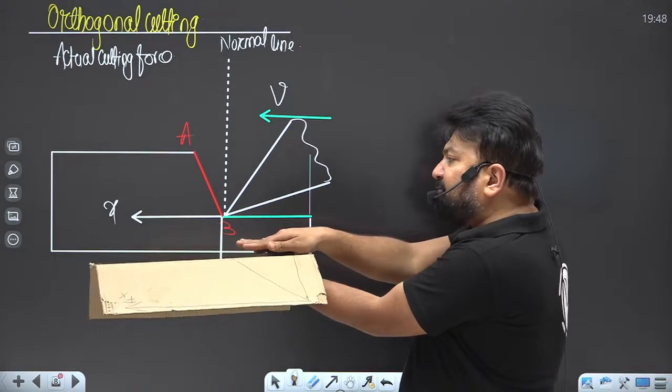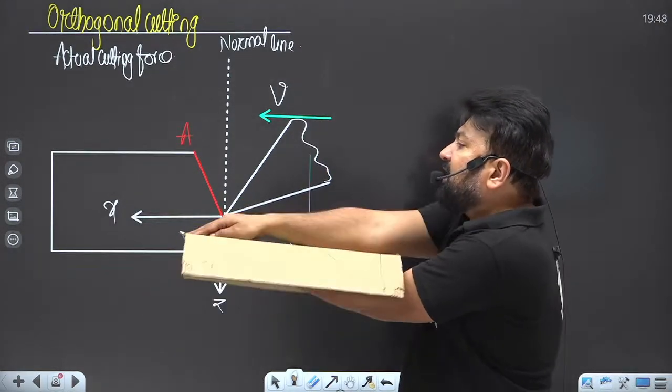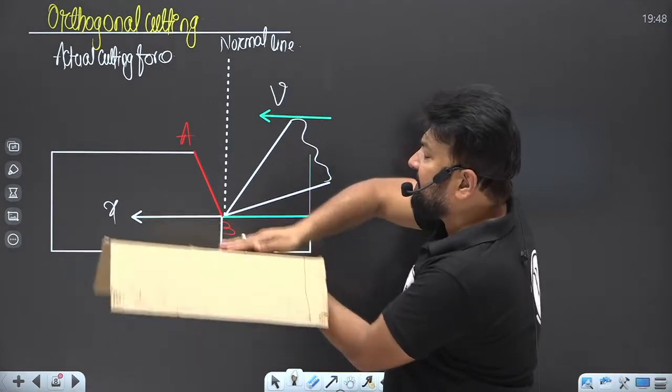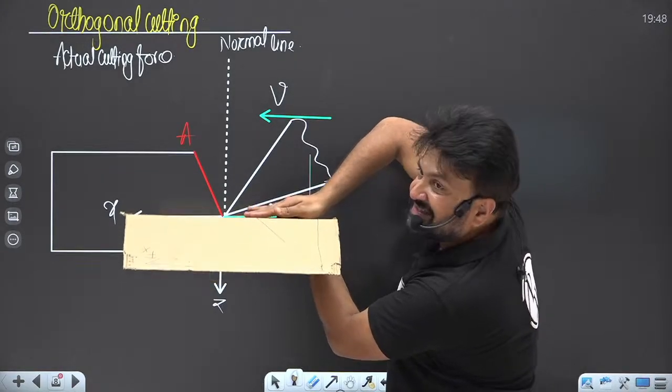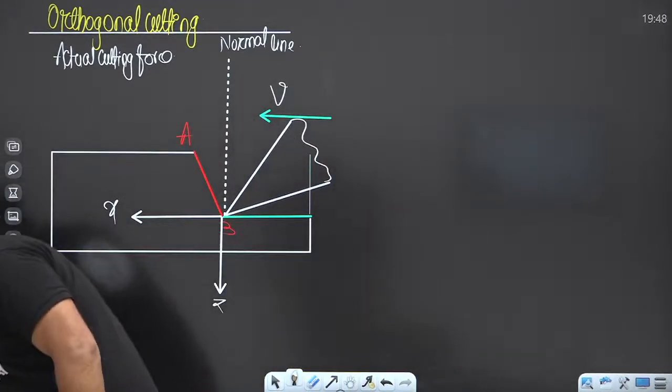If you apply the force in the X direction, cutting will not happen. If you apply the force in the Z direction, cutting will not happen. Basically, you have to apply the cutting force in the XZ plane. Are you getting this point?